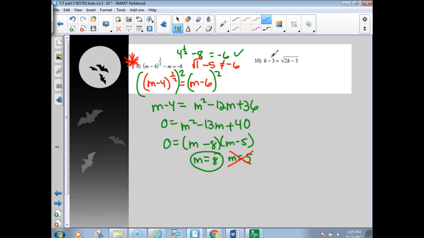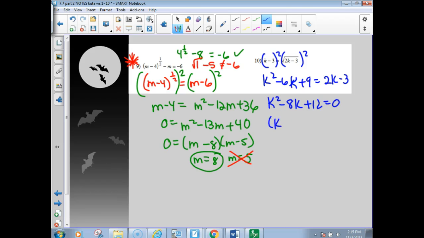All right, and one more of these. Square both sides. K squared minus 6k plus 9 equals 2k minus 3. Subtract 2k to get 8k and add 3 to get 12. So set it to 0.